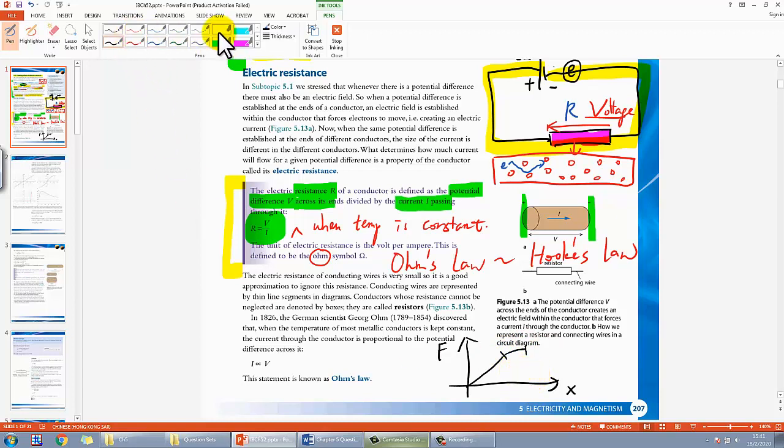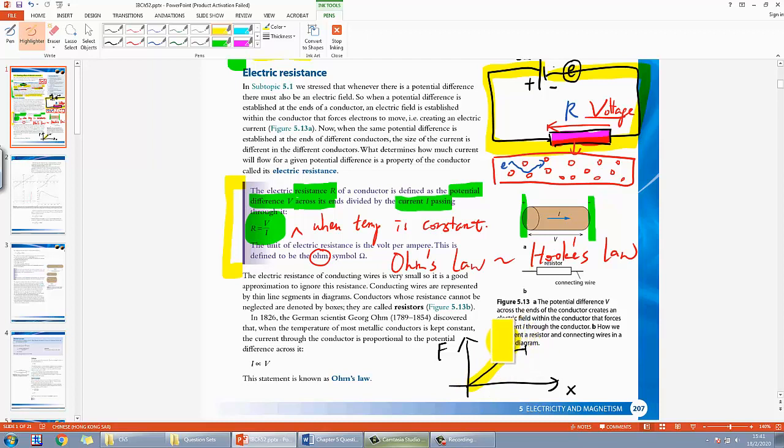And when we say this spring is following Hooke's law, we only say that it is following Hooke's law in this section, because this is a straight line. I didn't draw it very straight, but assuming this is a straight line, this part will follow Hooke's law.